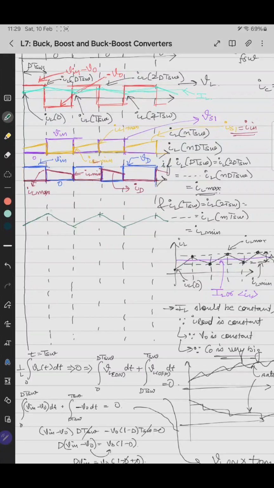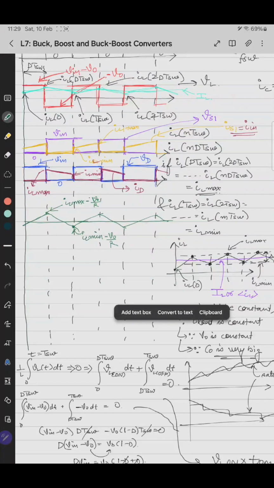The peak value is now changed to IL max minus iload, say V0 by R, and this value will be IL min minus V0 by R, because the whole waveform is shifted down.